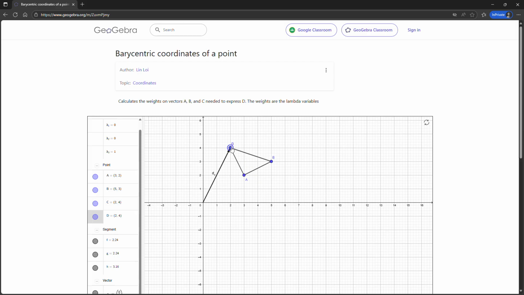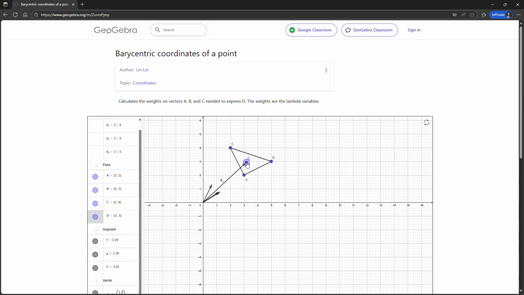If we go to vertex C, these two weights are 0 and this weight is 1. And then if we go to vertex B, these weights are 0, this weight is 1. And every point within the triangle, we have positive values for the weights. Again, greater than or equal to 0, less than or equal to 1.